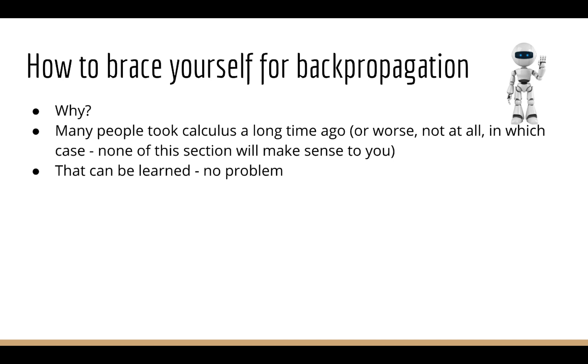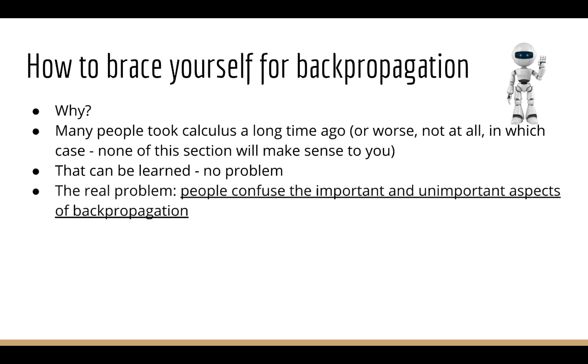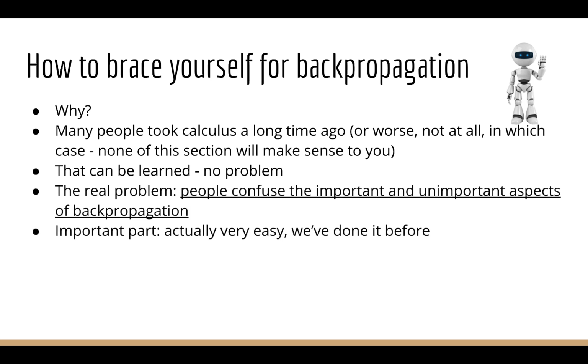A lot of people confuse the important aspects for the unimportant aspects of backpropagation. In particular, the important aspect, the thing that you should focus on, is actually very easy, and you've done it before. The unimportant aspect is the calculus and the derivation.